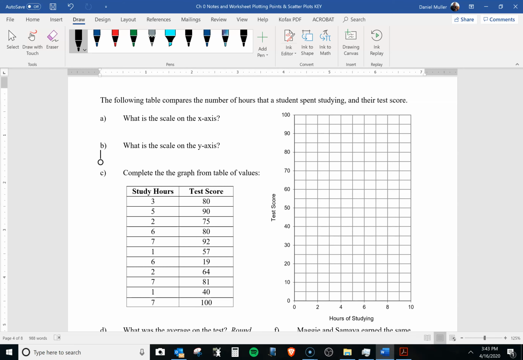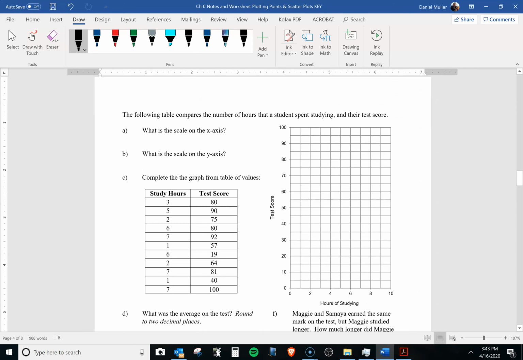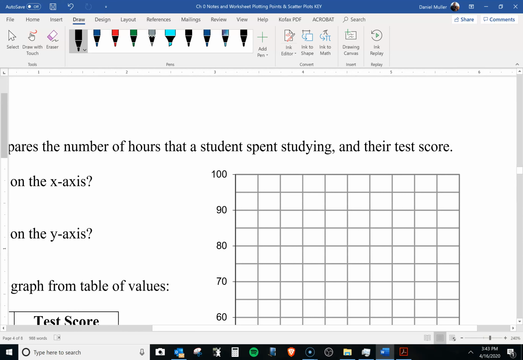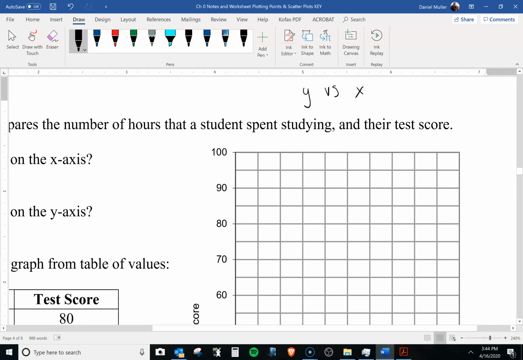But it first wants to know what is the scale of the x-axis. In fact, I realize here I don't even have a title. So let's write that down first. A title, remember, is y versus x. For us, y is going to be our test score versus hours of studying.